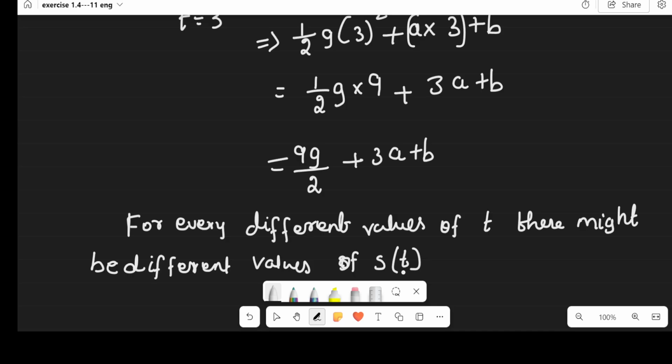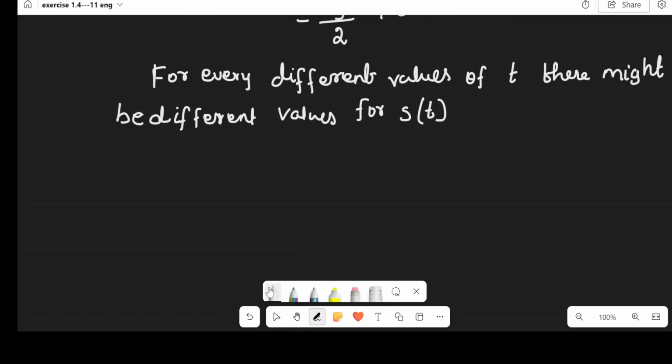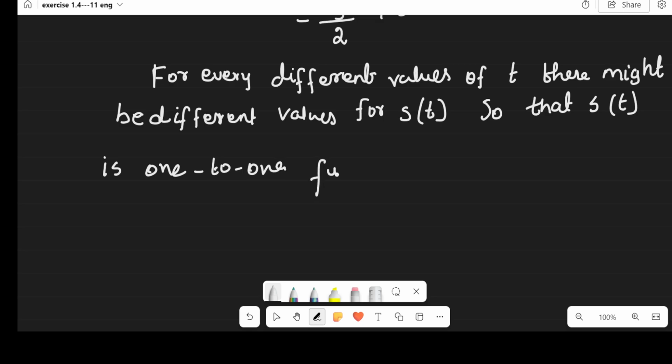For every different value of t, there might be different values for s of t, so that s of t function is a one-to-one function, so that s of t is a one-to-one function. This is the answer.